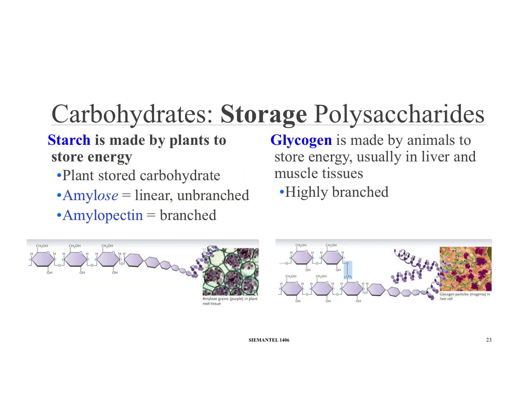Okay, so let's go back to those storage polysaccharide molecules. Like I said before, starch is used by plants to store energy. And plants can store carbohydrates in two main ways. The first type is called amylose, and it is a chain and it is unbranched. It means that the chain is just connected in one direction.